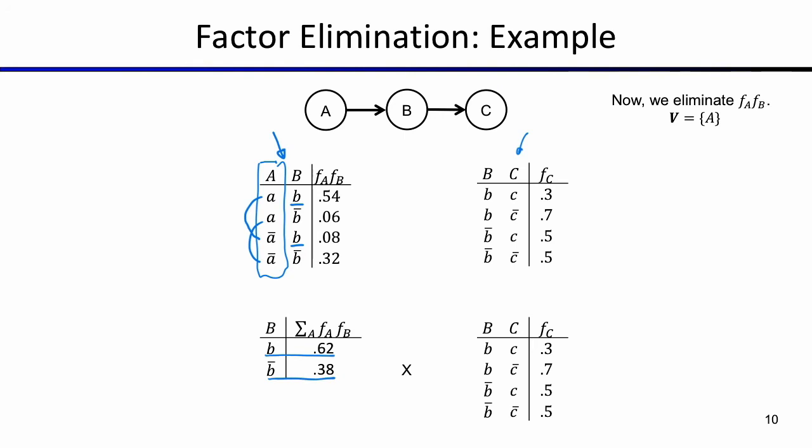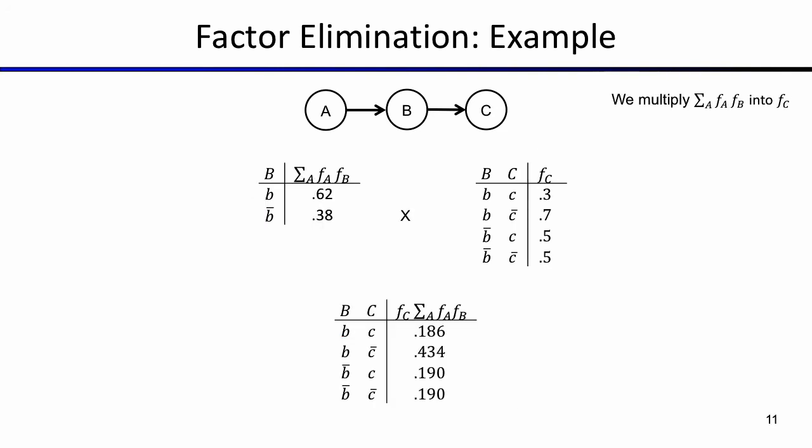So we eliminated the variable A. Now we have a factor that only mentions the variable B, right? We call this the sum over A of FA FB, and we have this resulting factor that we're going to multiply by the only remaining factor, that is FC. I'm going to do this multiplication in the next slide.